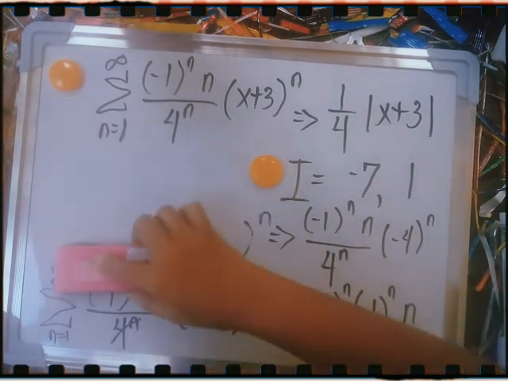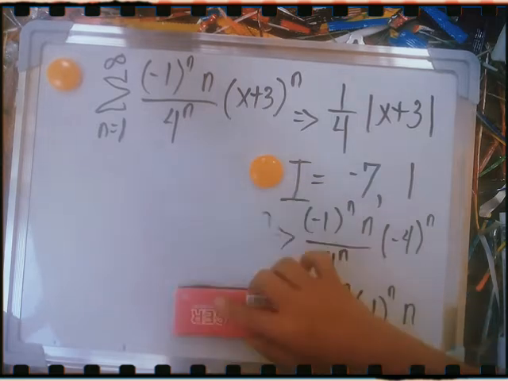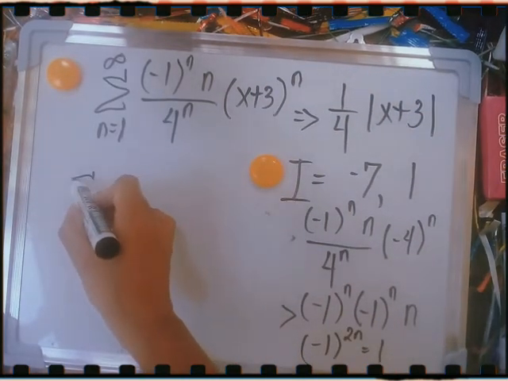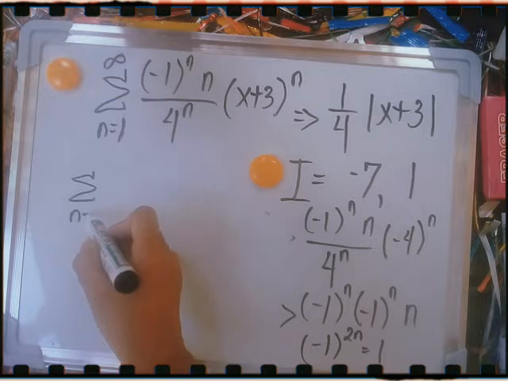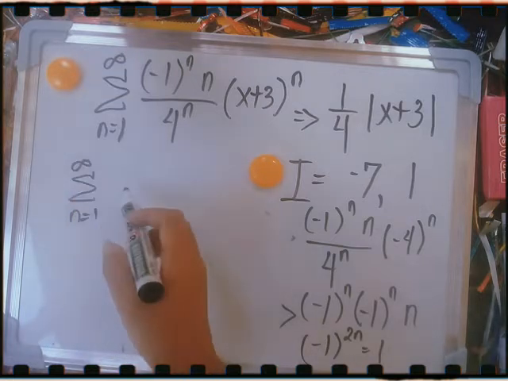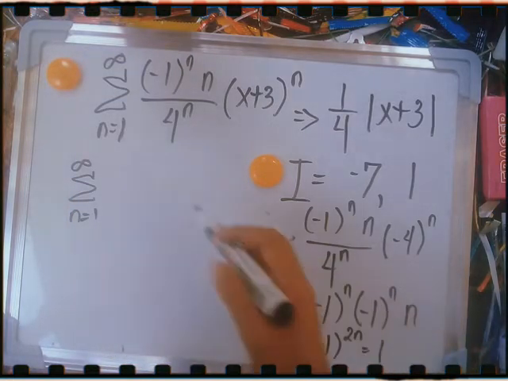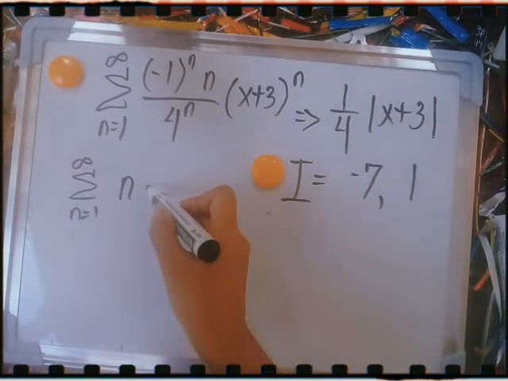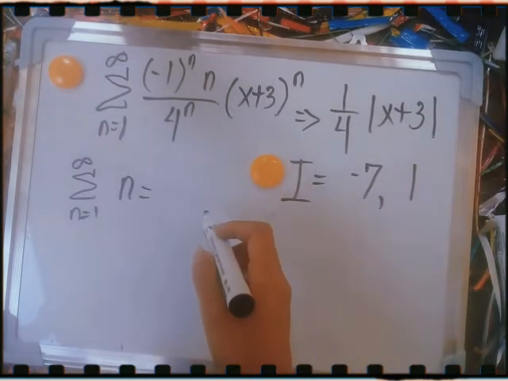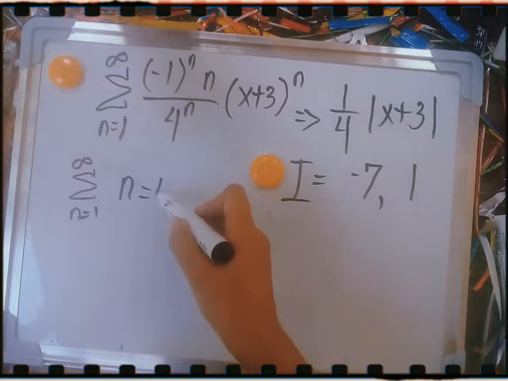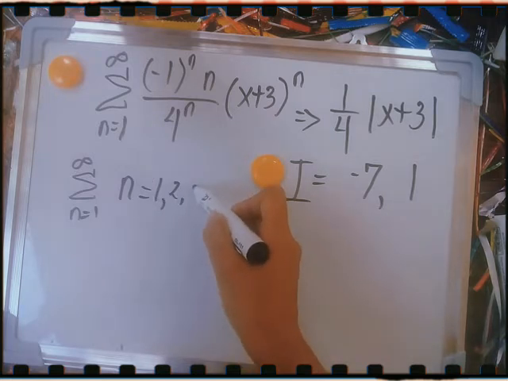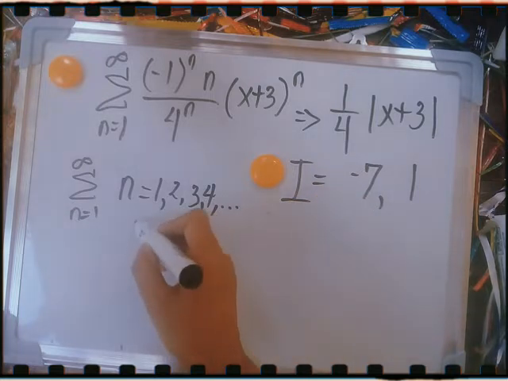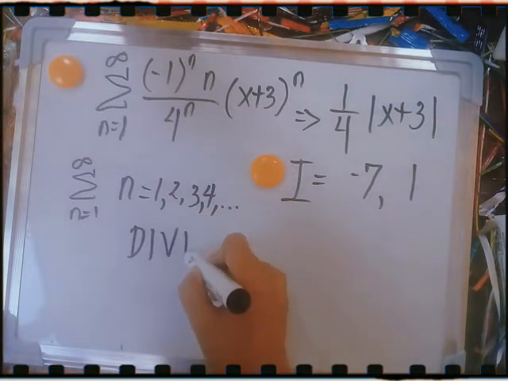So, our series for x is equal to negative 7. Our series n is equal to 1 will be, so ito ay 1, so we have n. So, if we were to know the values of the series, we have 1, 2, 3, 4, and so on and so forth. So, it will diverge.